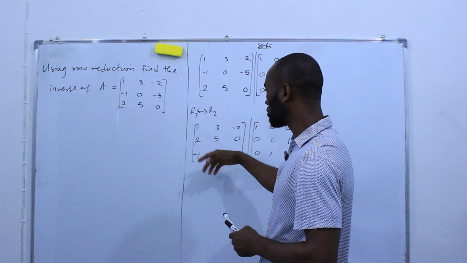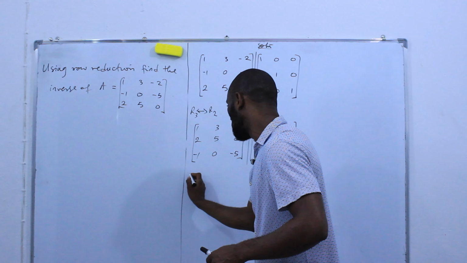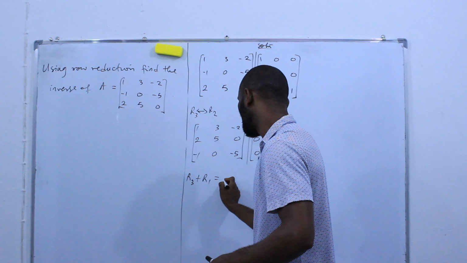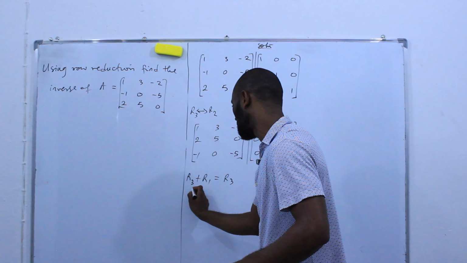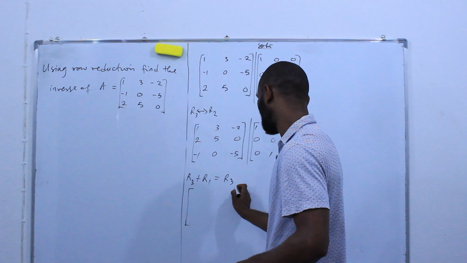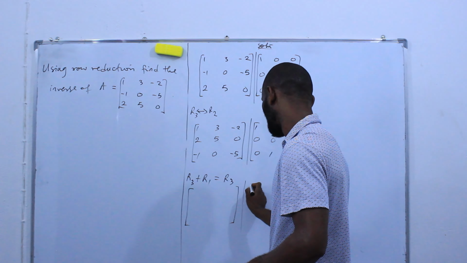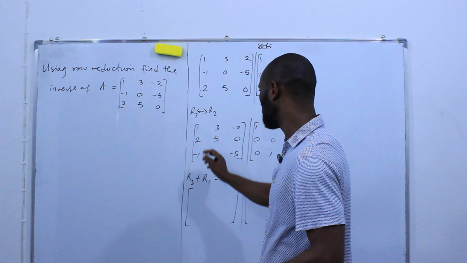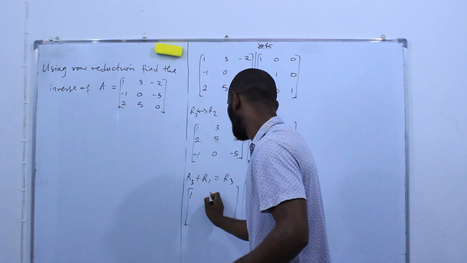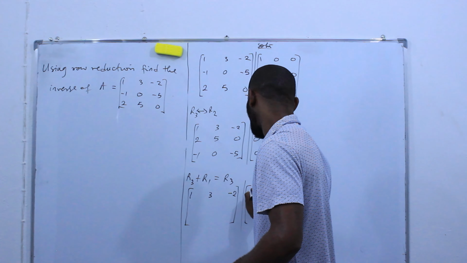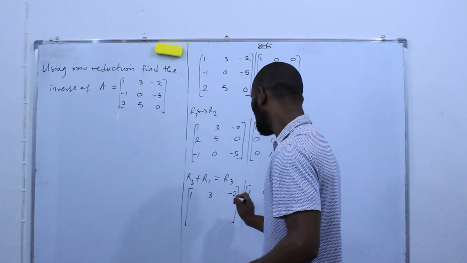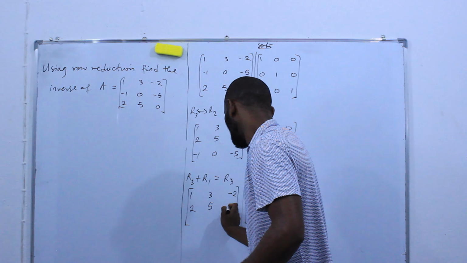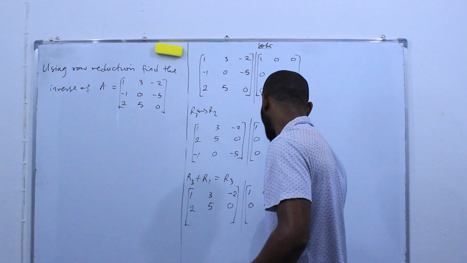The next thing is now to begin to eliminate. Row 3 plus row 1 will give us row 3 again. We have 1, 3, minus 2, 1, 0, 0, and 2, 5, 0, 0, 0, 1.